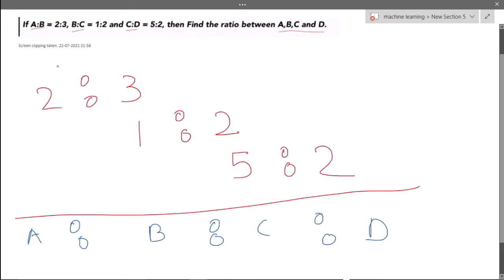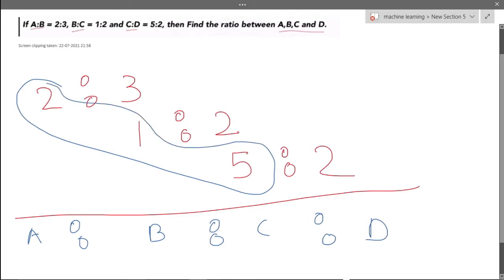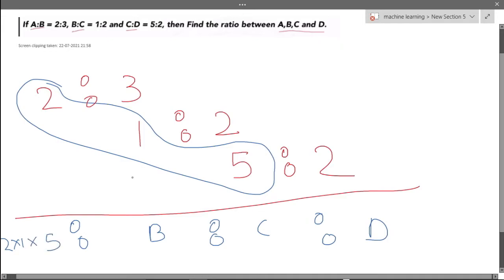To find the value of A, multiply these sides, 2 into 1 into 5. To find the value of B, multiply 3 into 1 into 5.